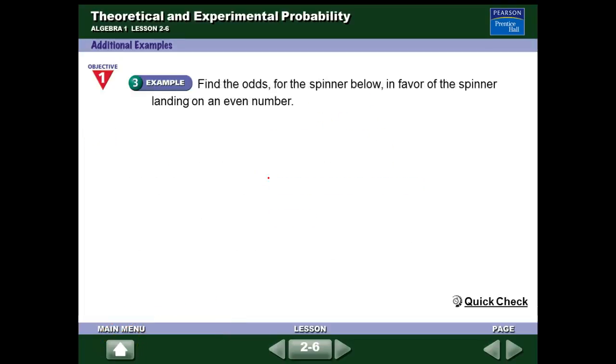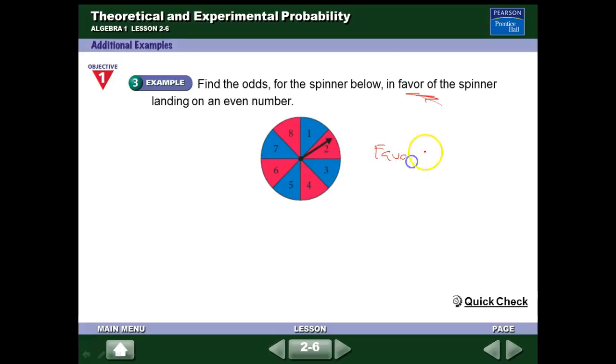Find the odds for the spinner below in favor of the spinner landing on an even number. The odds in favor means favorable to unfavorable. How many are my favorable outcomes?